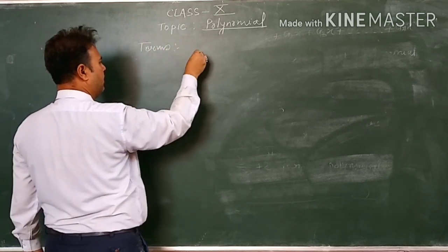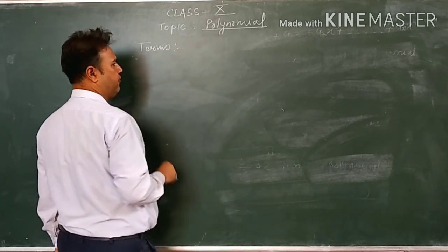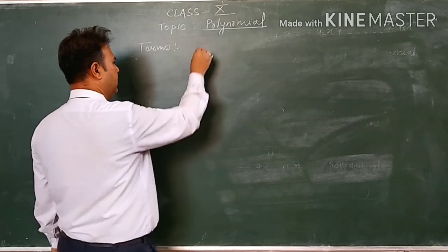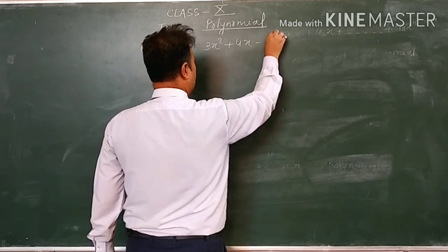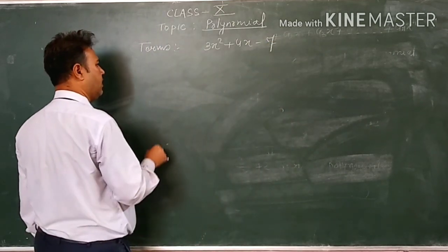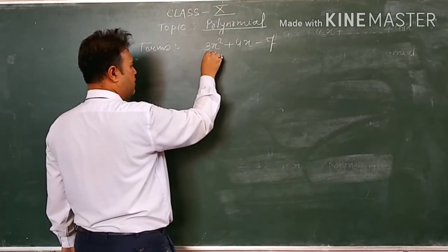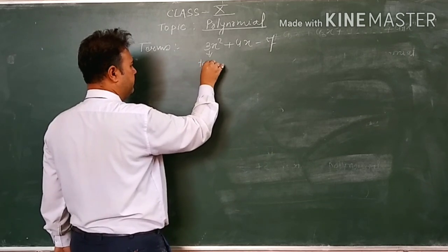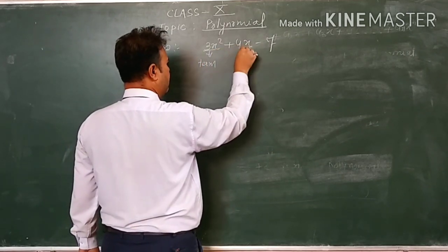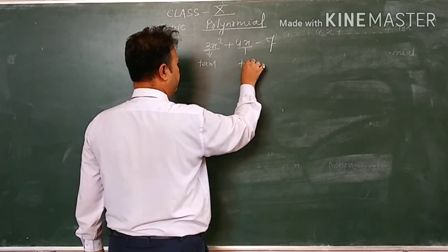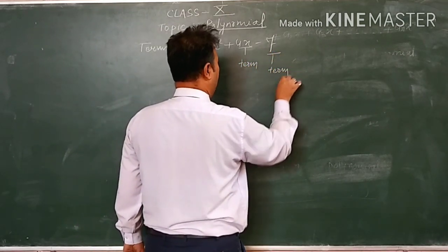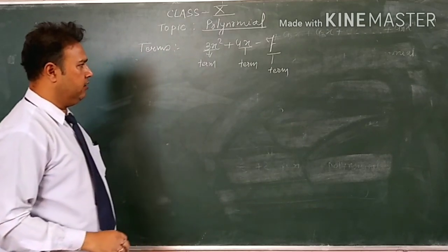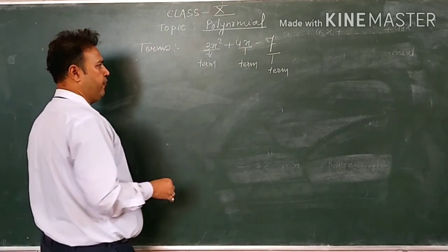Terms. First of all, I am going to write a polynomial: 3x squared plus 4x minus 7. This one is called a term. This part is also called a term, and this is also called a term. How many terms are there in this polynomial? 3.